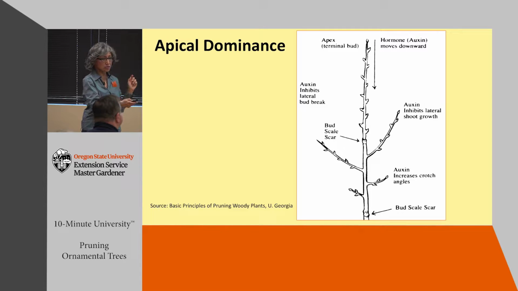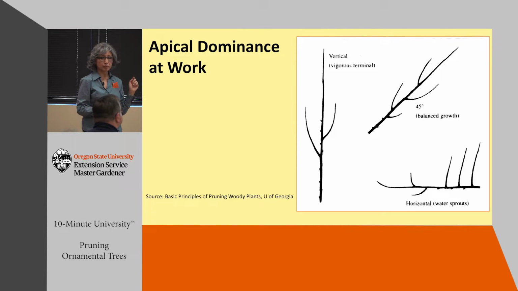So knowing this is a very important principle to help us think about how to prune a tree. In the vertical branch, the effect of auxin is the strongest. So we'll have quite a distance from the tip to where side branches will be allowed to grow. But when the branch is at an angle, then the suppressing effect is lesser.